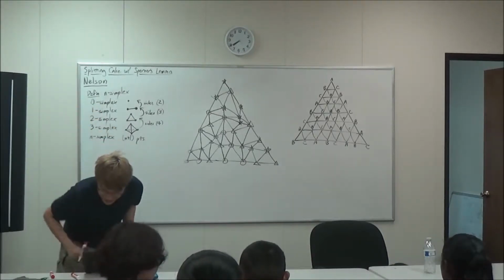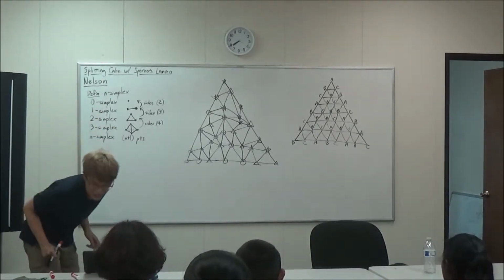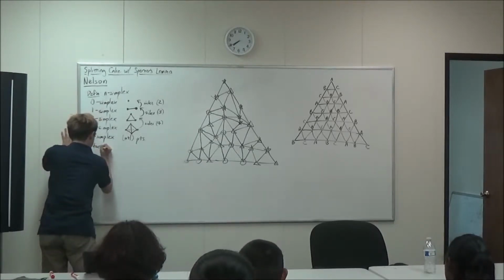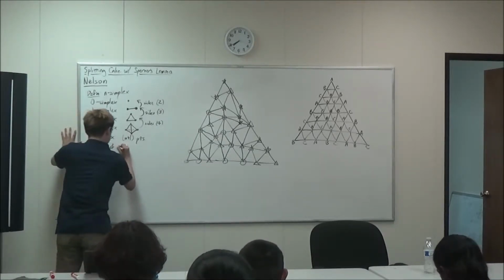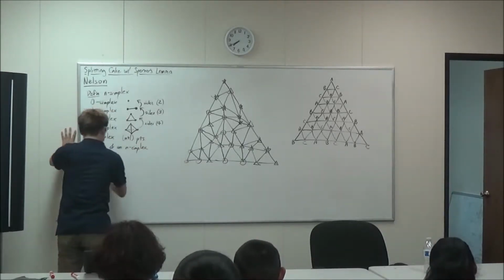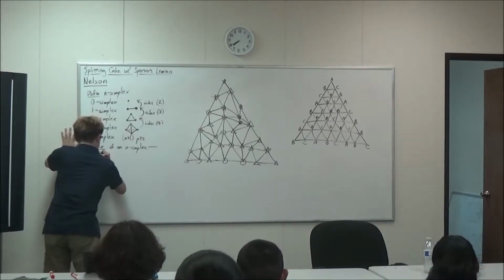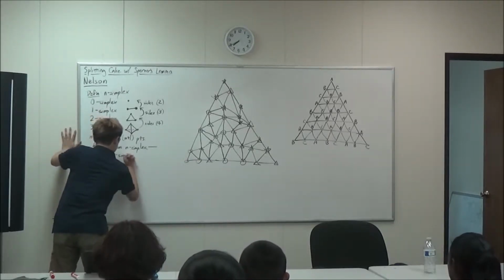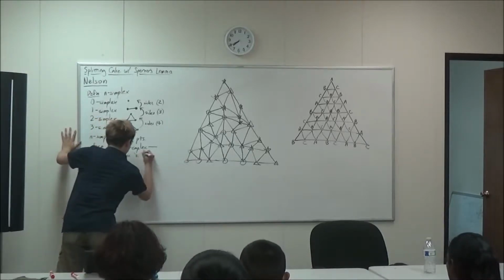Instead of calling them sides, I'm going to call these faces. This is an abbreviation, but a face of an n simplex is an n minus 1 simplex side.